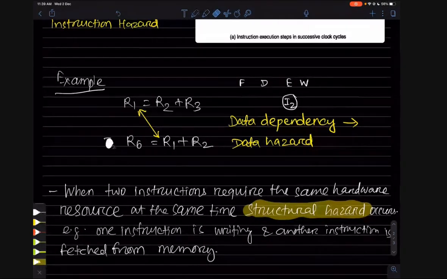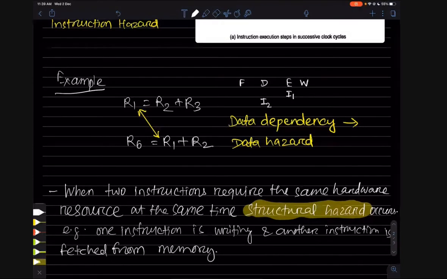Understood? So clock cycle by clock cycle you have to check. In this clock cycle, I1 is in the execution phase and I2 is in the decode phase.